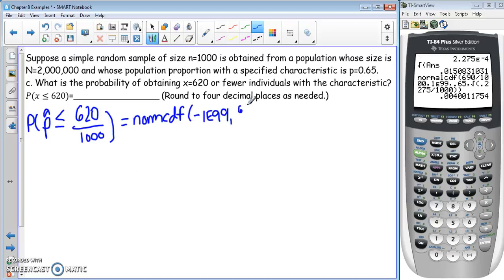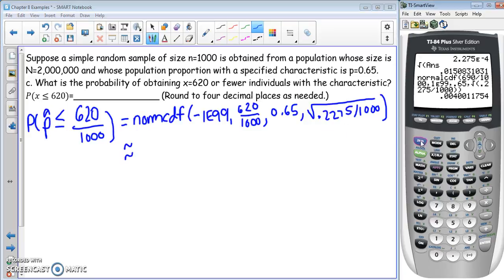Then comma, 620 over 1,000, and then our mean, which is 0.65, and our standard deviation, which is the square root of 0.2275 over 1,000. Let's see what we get here.